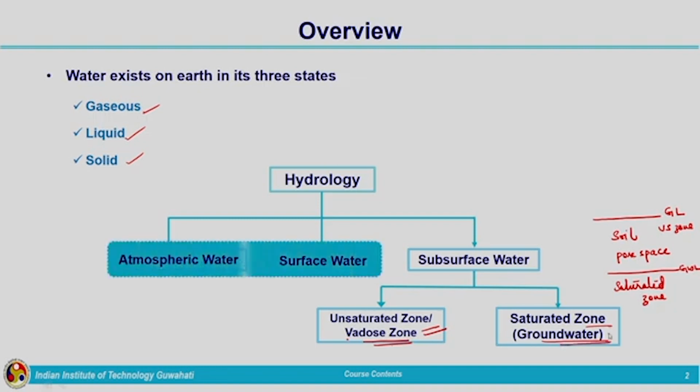This course will cover atmospheric water, surface water and water present in the unsaturated zone, that is considered as the subsurface water. So, based on this and the different processes related to water in the surface, subsurface and atmosphere, the entire course is divided into different modules. Let us see one by one.